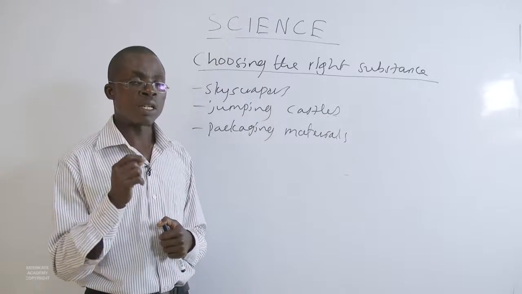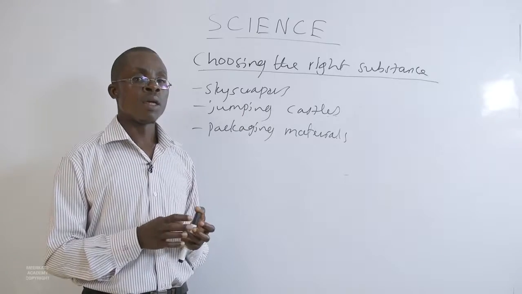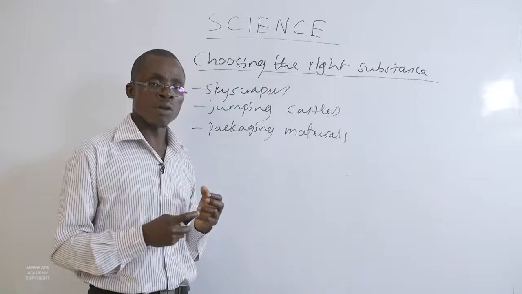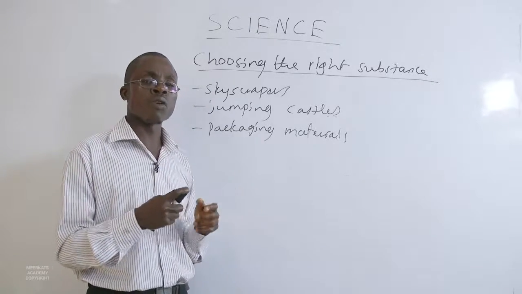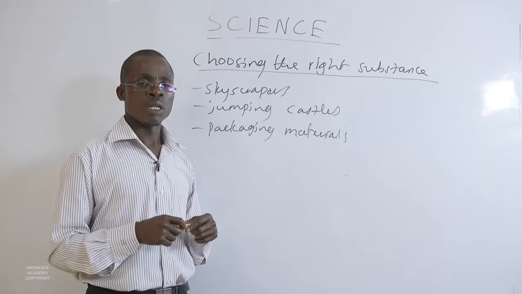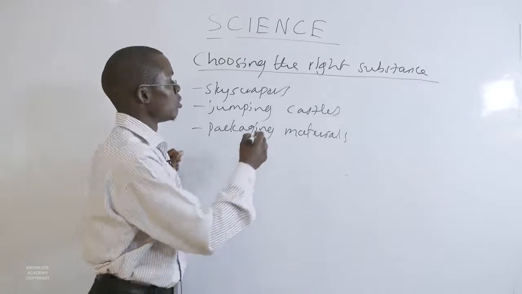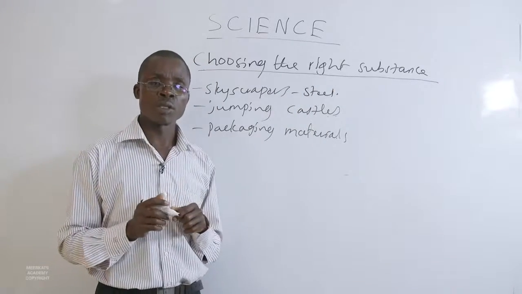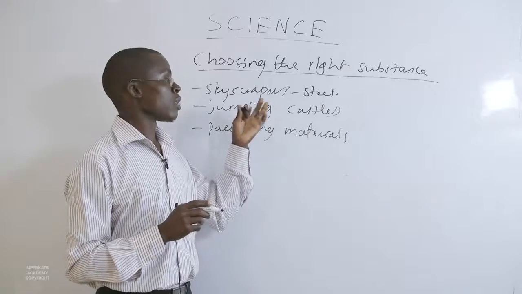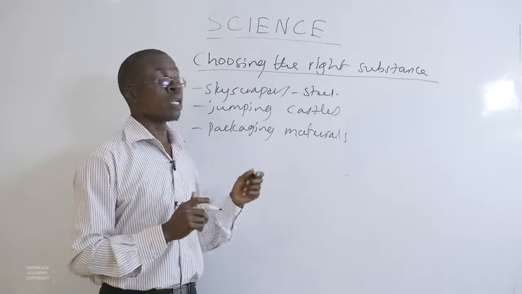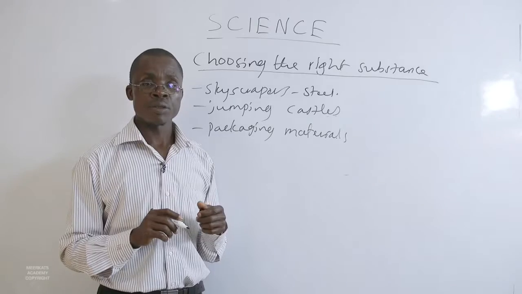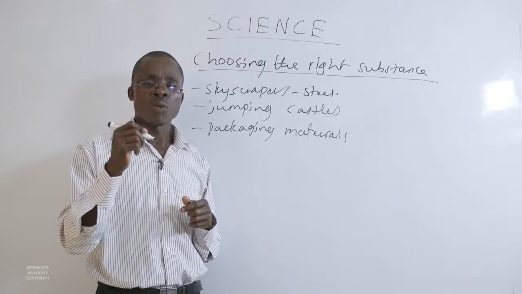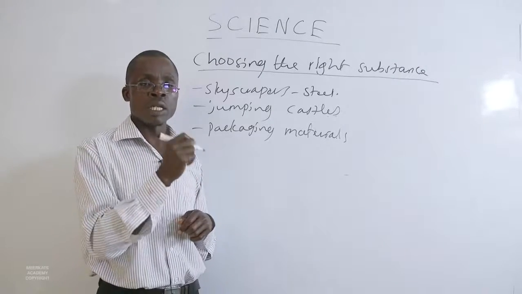If it is iron, can it reach there? Obviously not. So you have to look for a material that will be able to resist those conditions, and that is steel. You use steel and not iron. So for skyscrapers, instead of iron, steel is normally used. Why? You will have put into consideration this chemical process called rusting.